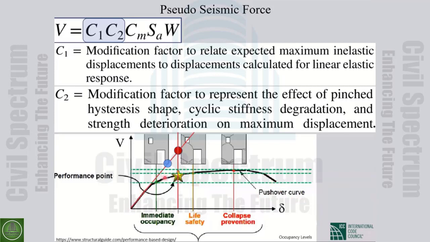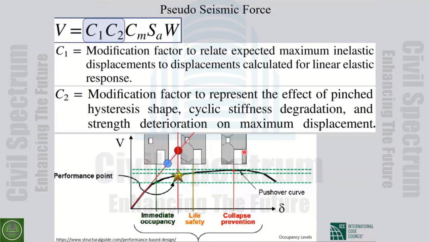It shows the capacity of the building. The capacity curve depends on the load distribution that you use for pushing. But usually, for example, we use an inverted triangular distribution, and we increase the load.